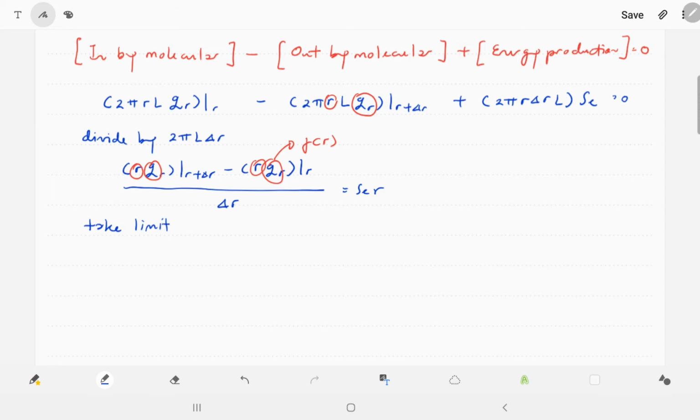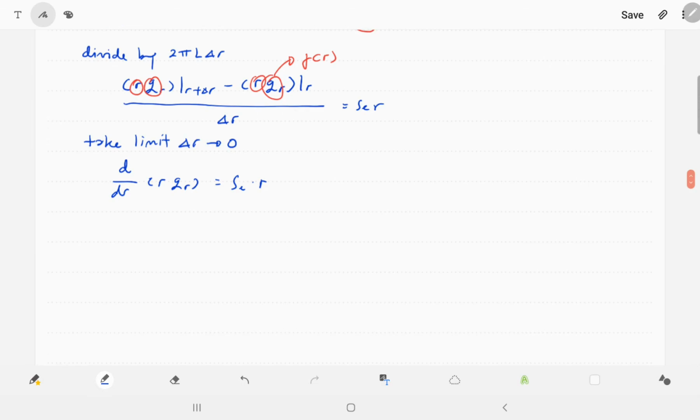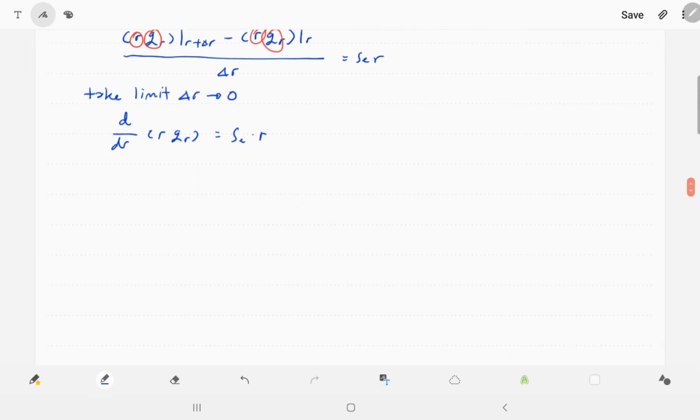Then for this one you can take the limit Δr approaching 0. So then you will have d/dr of (r q_r) is equal to S_e r. Okay, then you can integrate this.